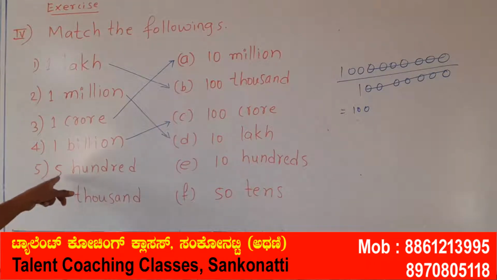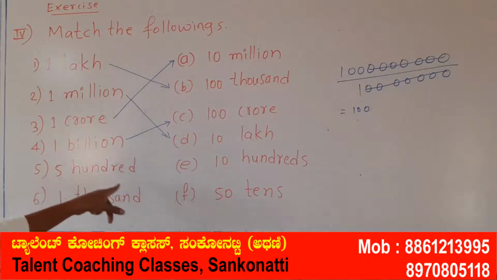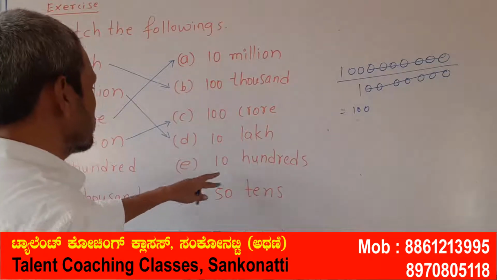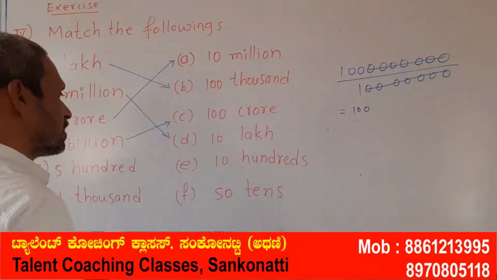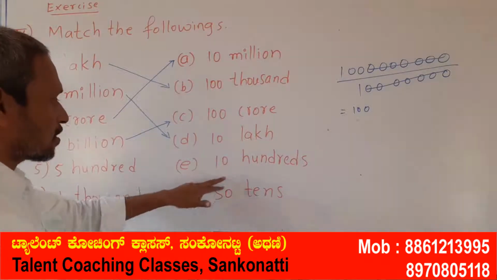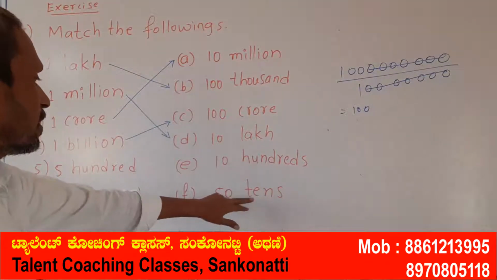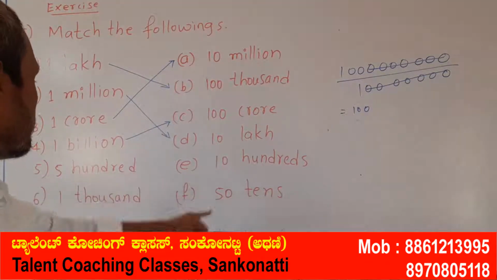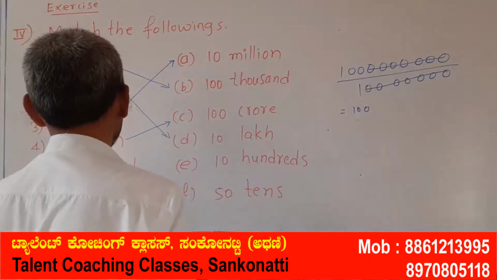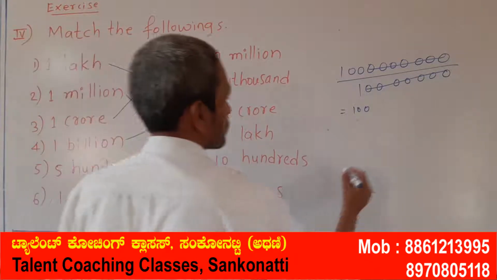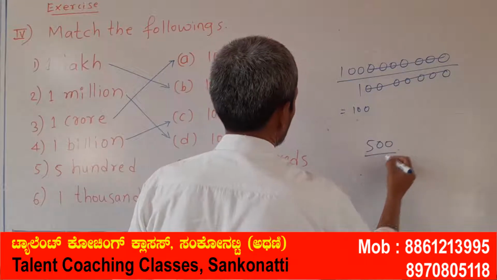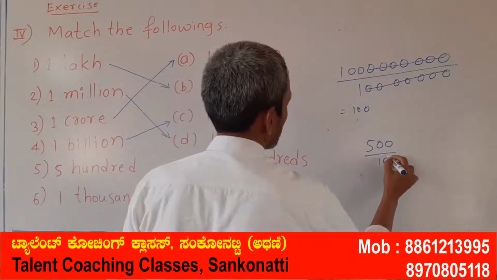Now we will find in 500 how many hundreds are there. In 500, 10 hundreds are not there. Now we will divide 100 by 10. Now we will divide 500 by this 10.